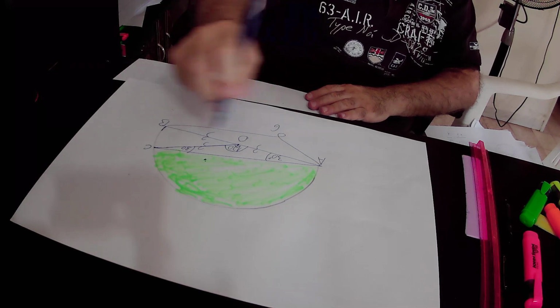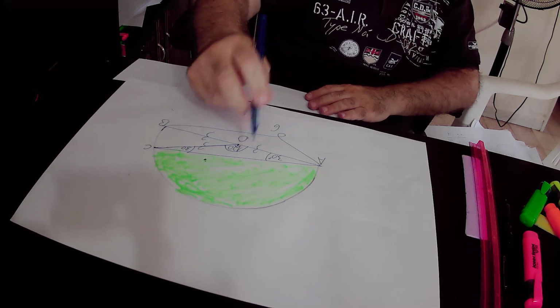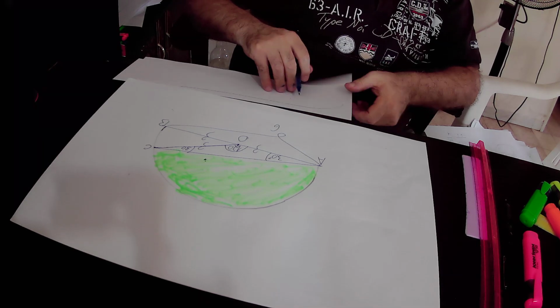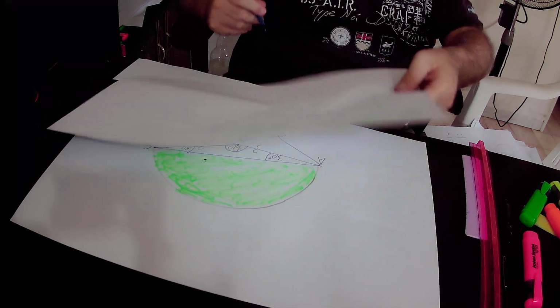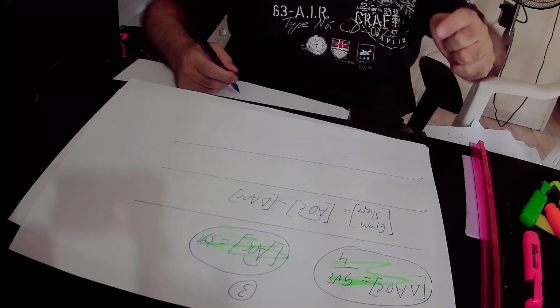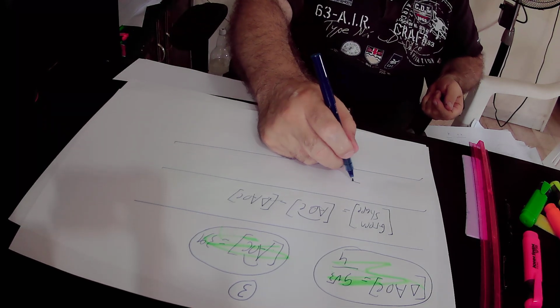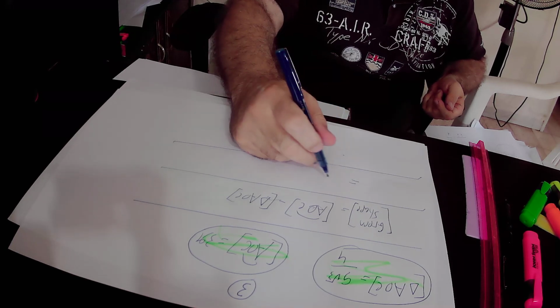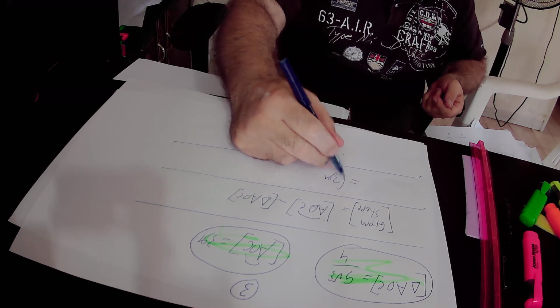I repeat again, the area of the green shape equals the area of sector AOC minus the area of triangle AOC. We have already found out that the area of sector AOC equals 3 pi square units, minus the area of triangle AOC.